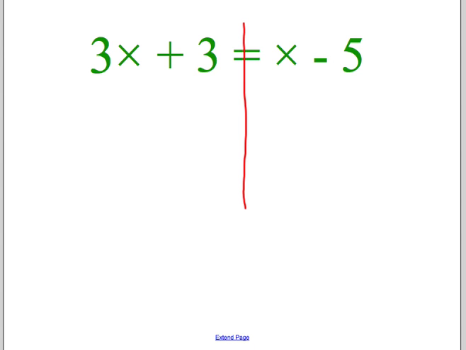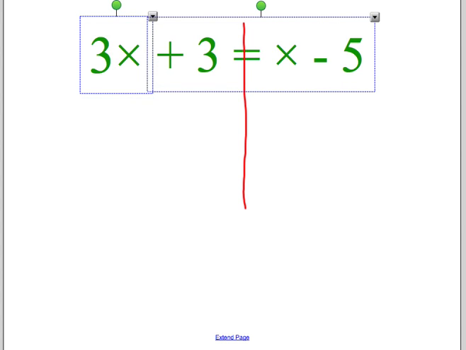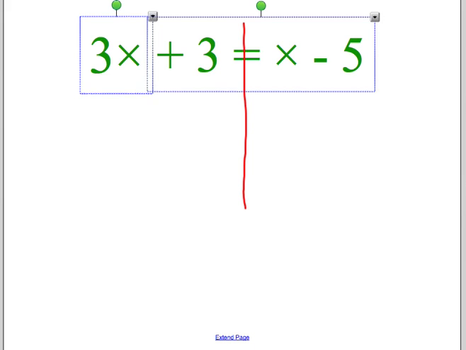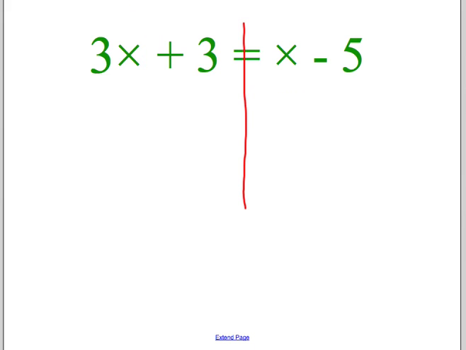Now if we ignored the fact that there was an x here, if we covered up the x in front of that 5, then how would we go about solving the problem if we didn't have an x here? What would I do?